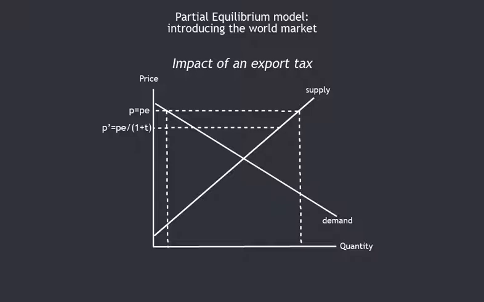So the local price has to decrease to around 77 to be sure that, at this price, local producers are indifferent between selling on the local market and exporting. So what is the impact of an export tax? It decreases the local price, it increases local demand, and it decreases local supply.